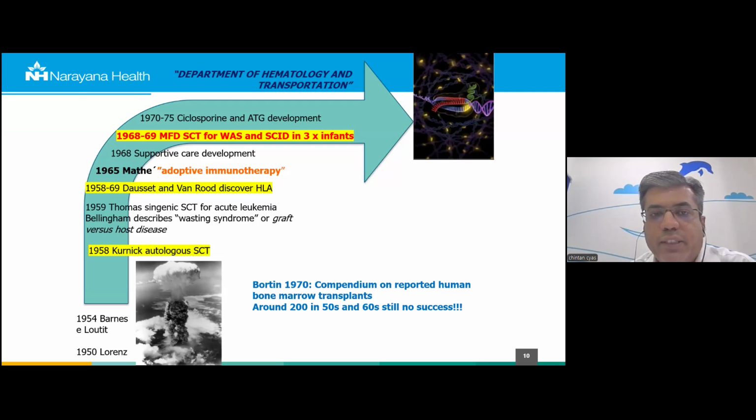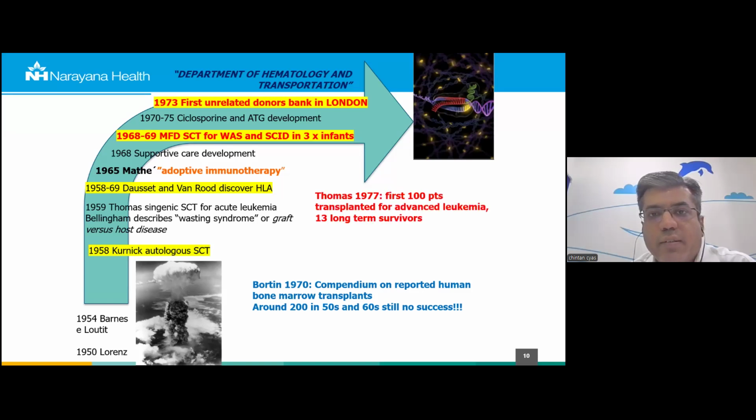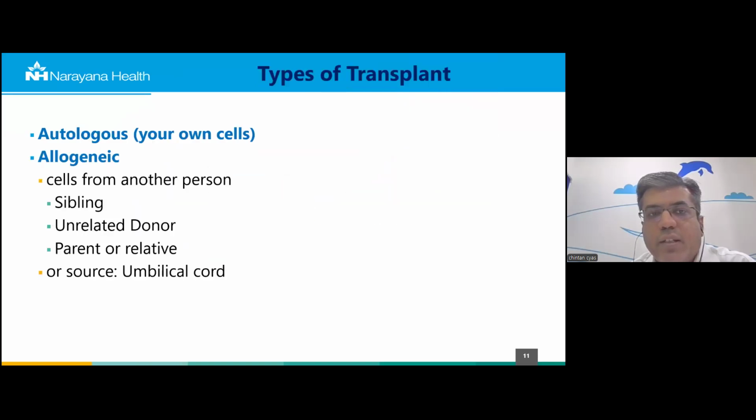In 1970, the first bone marrow transplant for a pediatric patient, a child with Wiskott-Aldrich syndrome, was done, and from there we evolved what is the role of immunosuppression in the transplant, and also we established the unrelated donor bank, and then subsequently we found out how we can improve the overall outcome of transplant by doing better pre-transplant planning, actual transplant conditioning, and post-transplant care.